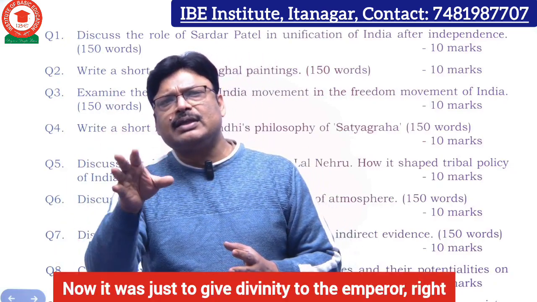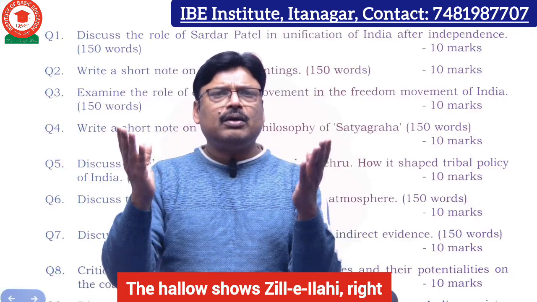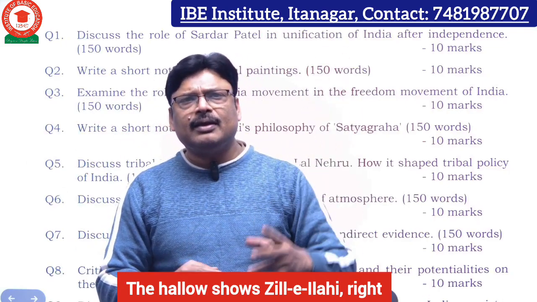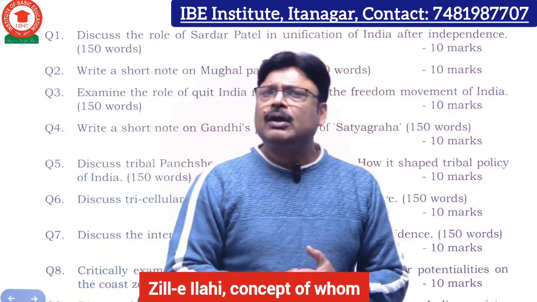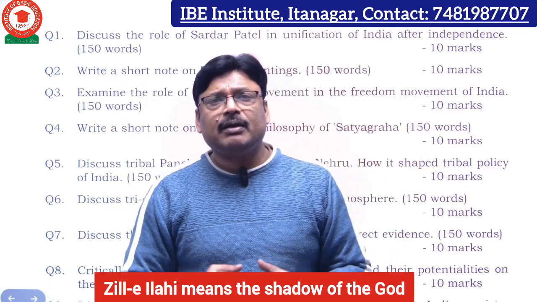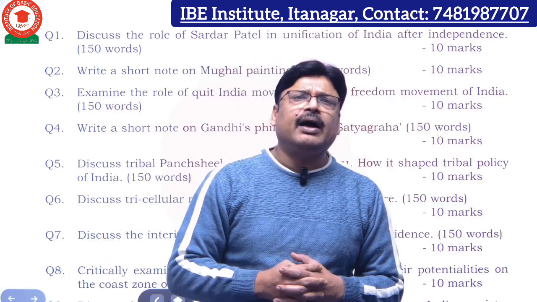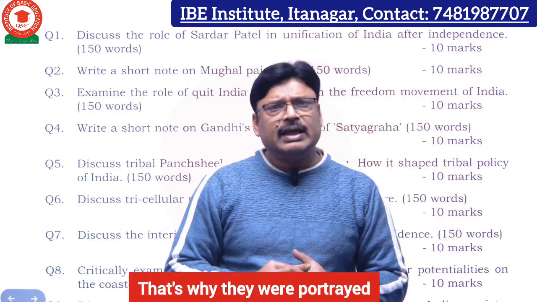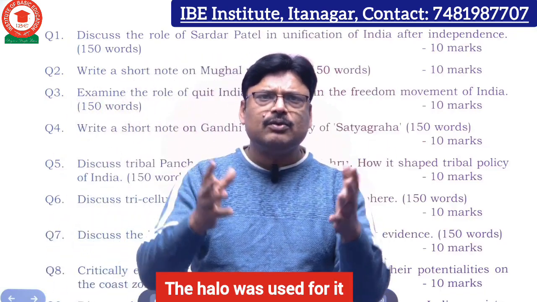It was just to give divinity to the emperor, right? The halo shows Zill-e-Ilahi. Zill-e-Ilahi, concept of whom? The emperor. Zill-e-Ilahi means the shadow of God. So it was to give divinity to the kings, right? That's why they were portrayed or painted as such. The halo was used for it.